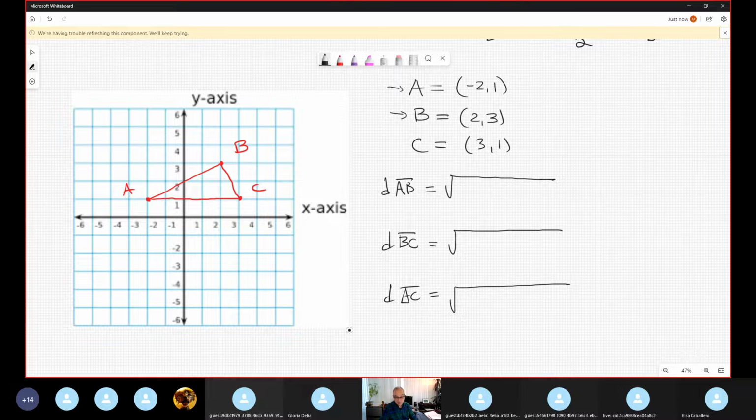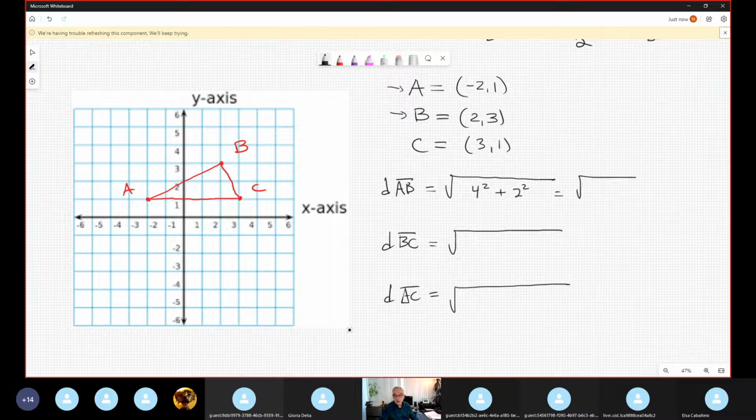The 4, right? It's all 4 squared. And you're subtracting the y components, 3 minus 1 or 1 minus 3. The order doesn't matter because when you square it becomes positive. 3 minus 1 is 2, and 2 squared is 4.